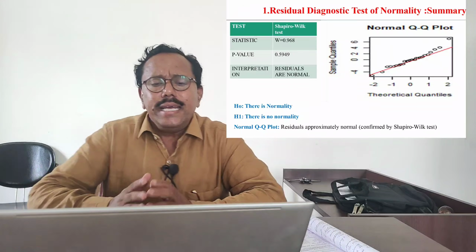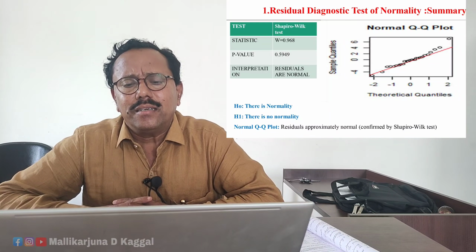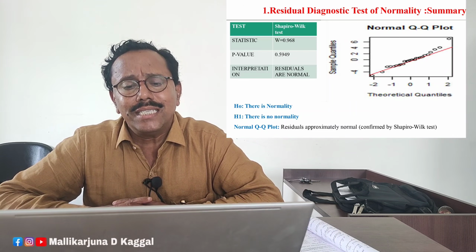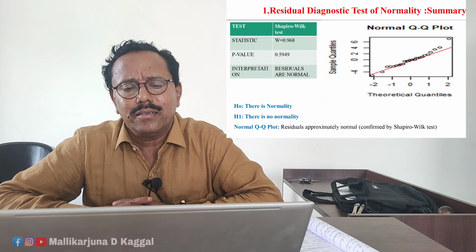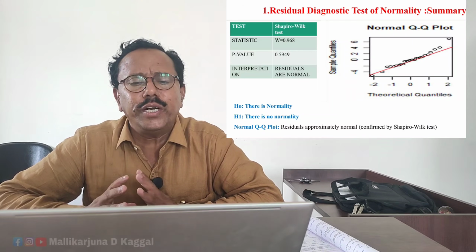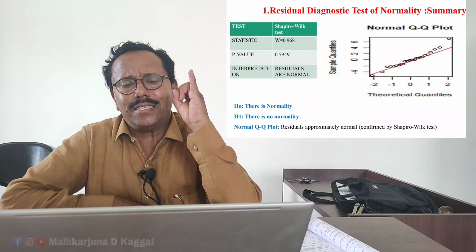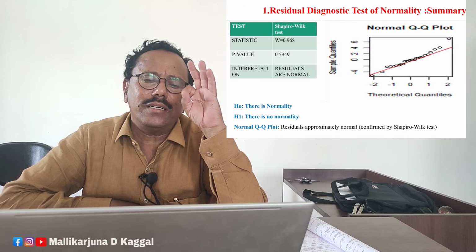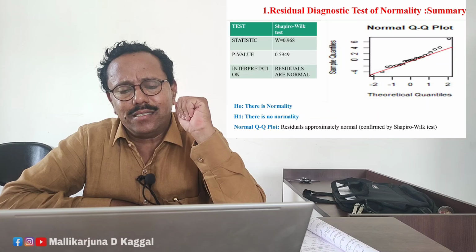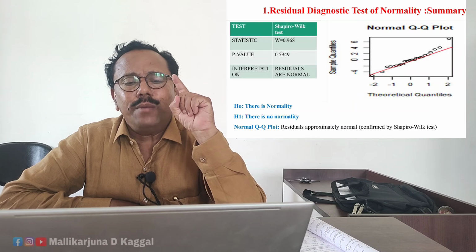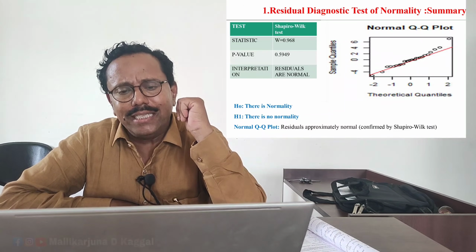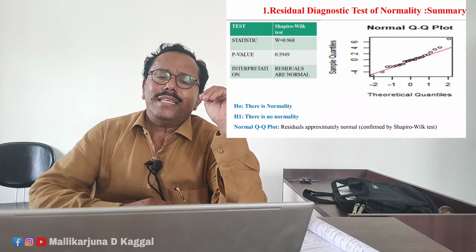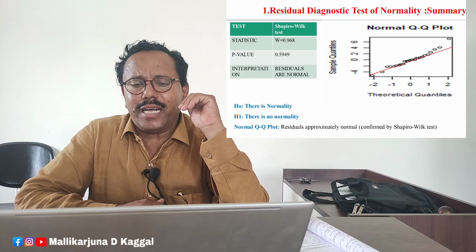So here we do the diagnostic tests, the residual analysis tests, to decide whether my results are validated or not, for which we do 3 tests: the normality test, the homoscedasticity test and the autocorrelation test. In all the 3 cases, we need the null hypothesis to be accepted in order to say my results are valid and genuine.